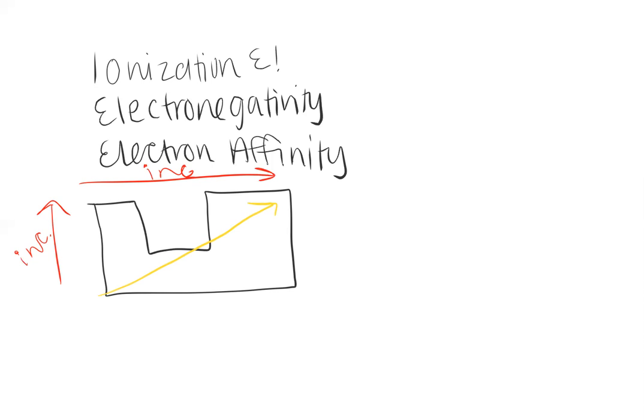The difference in those three is that for ionization energy, the highest values are the noble gases. Remember, noble gases are in group 18, the last ones represented there. For electronegativity, fluorine is the highest.